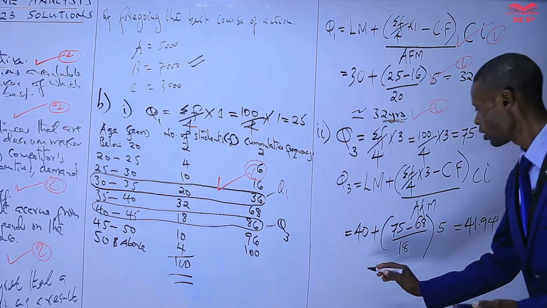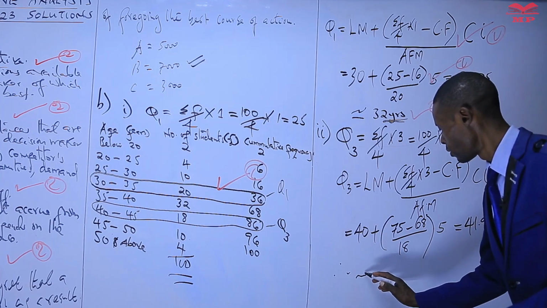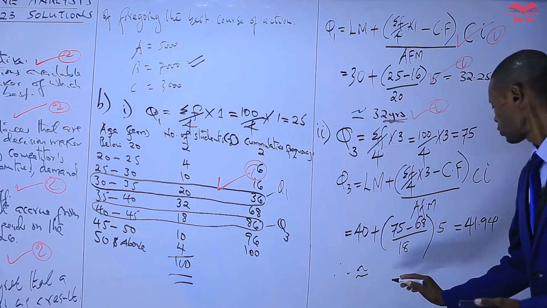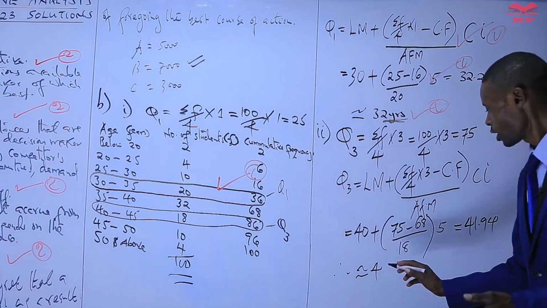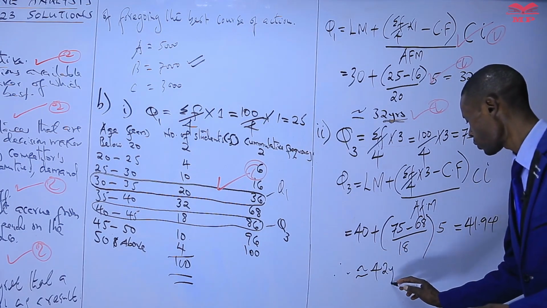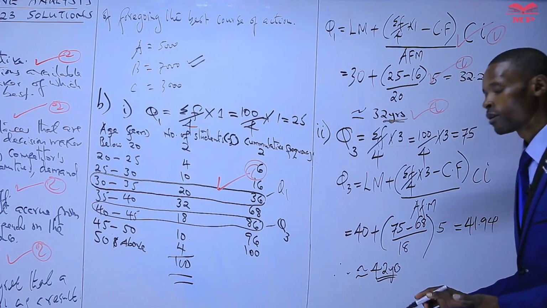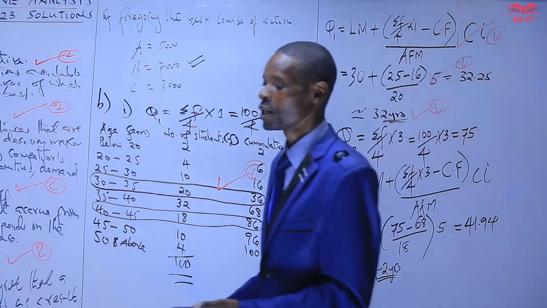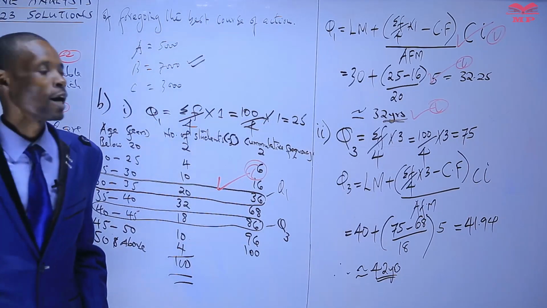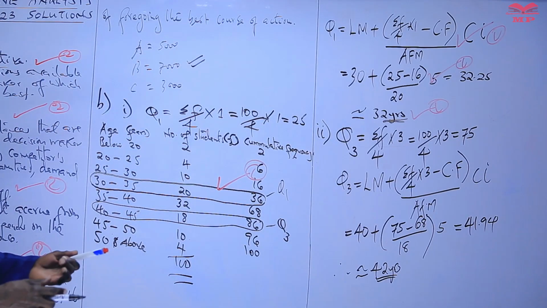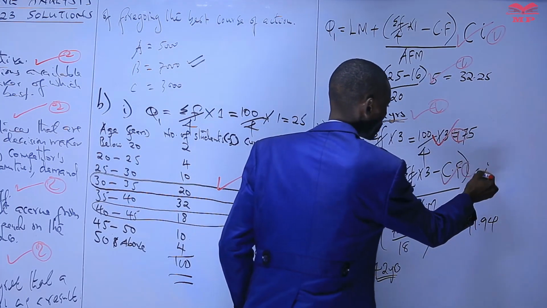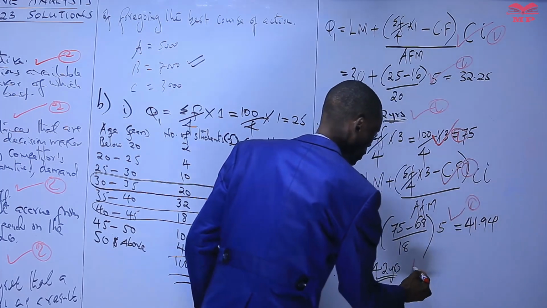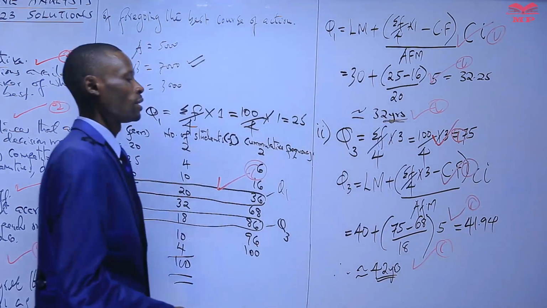So that is approximately 40. If we round off to the nearest age, it is 42 years. And at that point again, you have your 4 marks, and that is how we mark: 1 mark, 1 mark, 1 mark, and then lastly, like that.